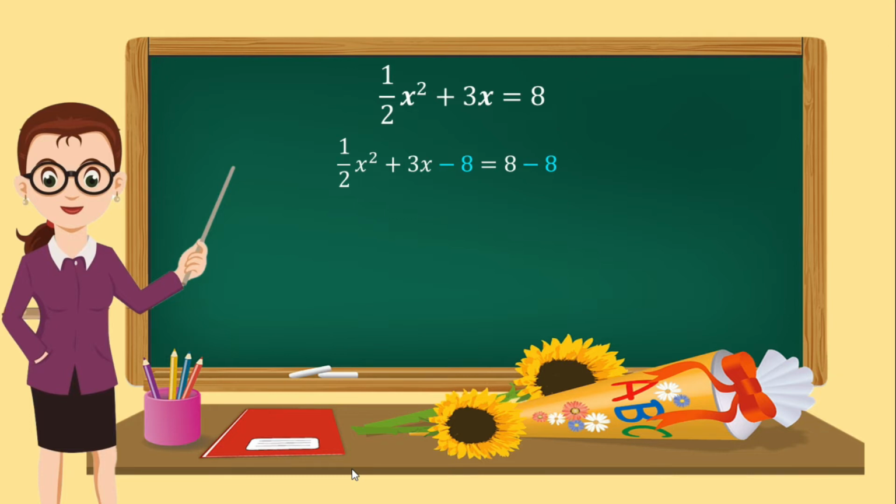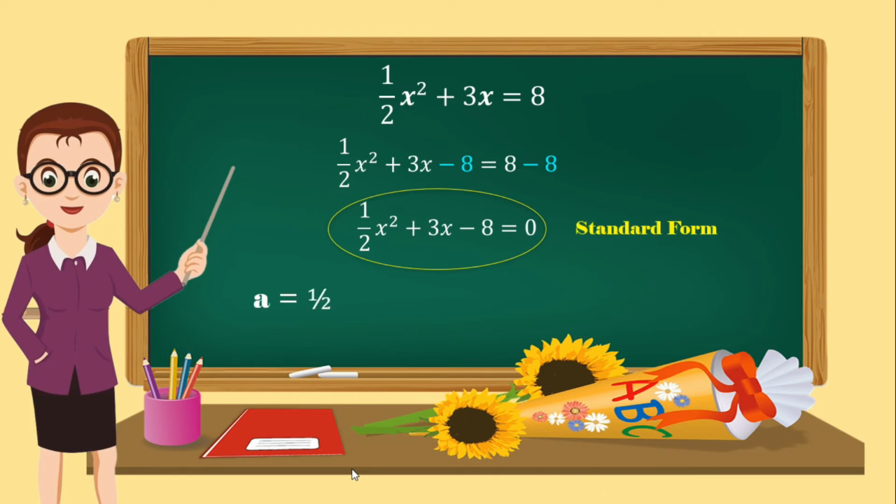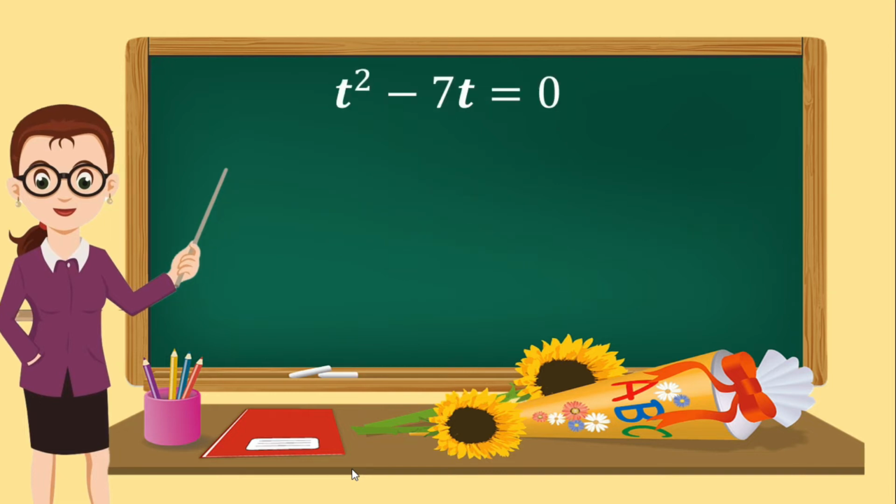Our equation becomes 1/2 x squared plus 3x minus 8 equals 0. This is now in standard form. So our a is 1/2, our b is 3, and our c is negative 8.